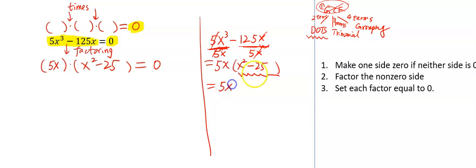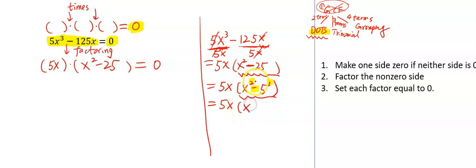We see that we do have 2 squares, because 25 is exactly 5 squared. So now we have the 2 requirements we need for difference of 2 squares. First of all, difference. Secondly, 2 squares. Now we apply the difference of 2 squares formula to break down x squared minus 5 squared.